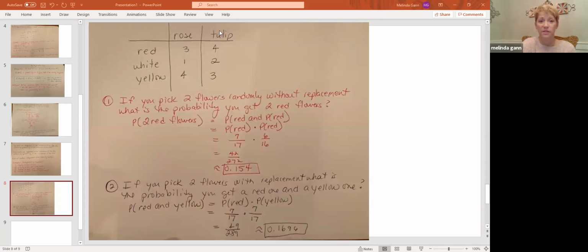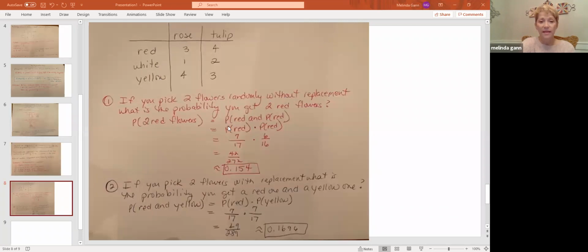So remember, I've got roses and tulips. I've got red, white, and yellow. So if they let me pick 2 flowers, could I get 2 of them to be red? The answer is yes. So I grab my formula: the probability of the first one times the probability of the second one. Well, now I've got to know, am I putting them back or not?